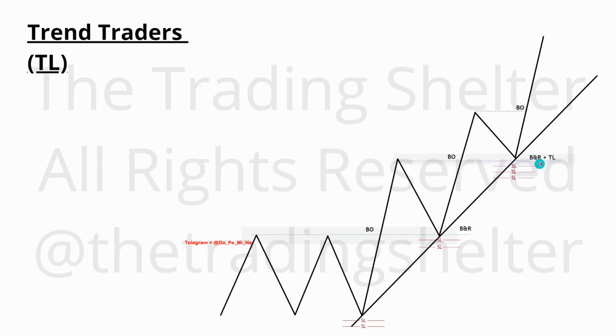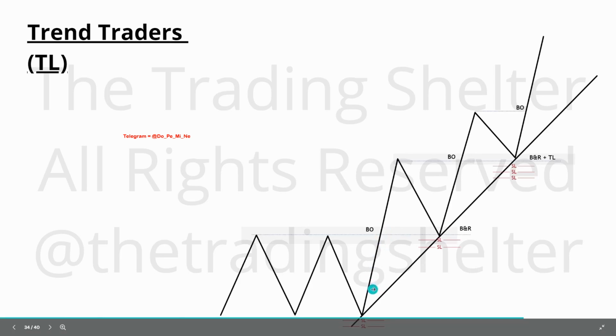So you can already see that here we have 3 traders entering, so there's 3 stop losses. Here we have 2 traders entering, we have 2 stop losses. Here we have 1 trader entering, so we have 1 stop loss, and we have the third touch of the trend line that oftentimes traders put here below the structure. So this is how we see it, right?